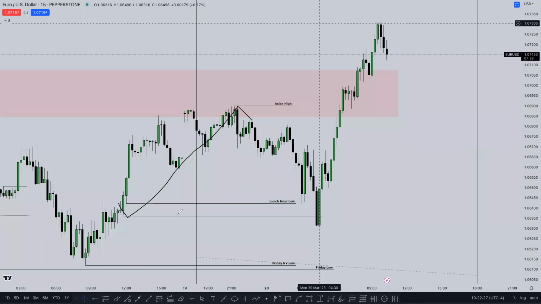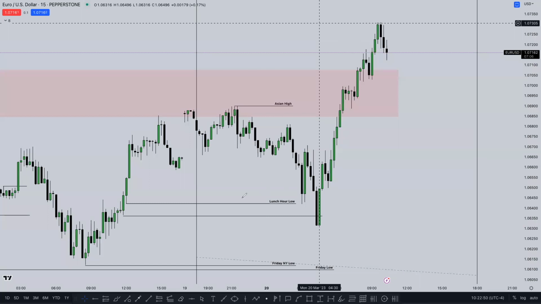So now you are looking for price to sell off and take out this low, and this low is going to be the catalyst to send price higher. Why? Because this entire range from that high to this low is all a consolidation. It's not always, but it's a buildup of liquidity.